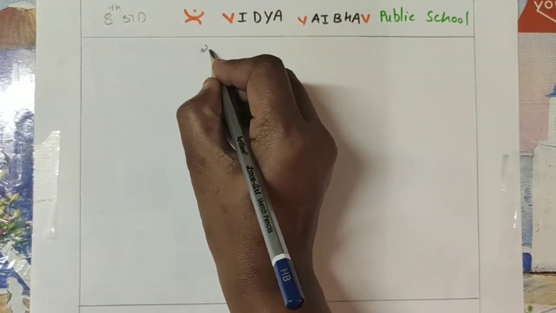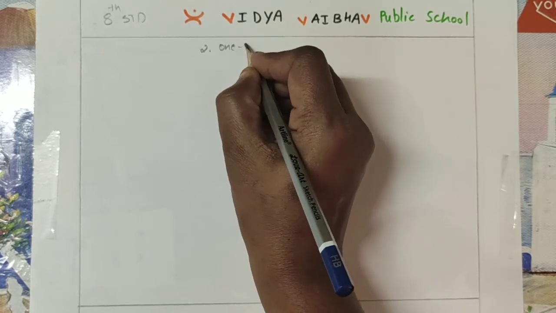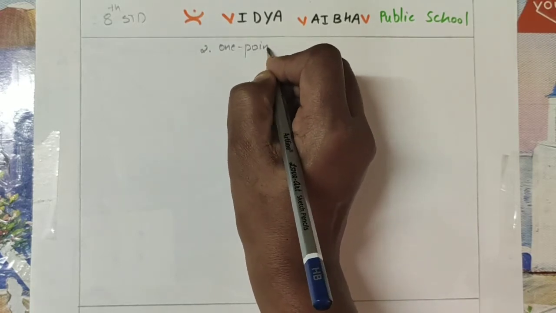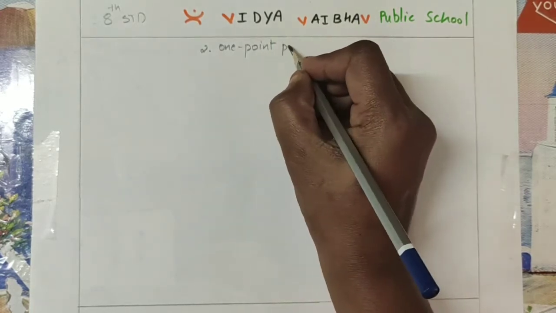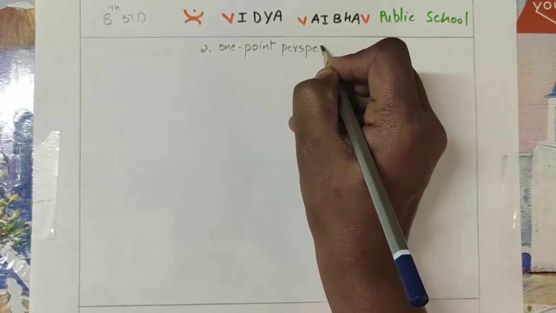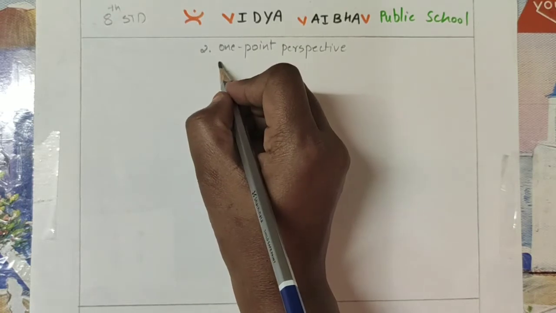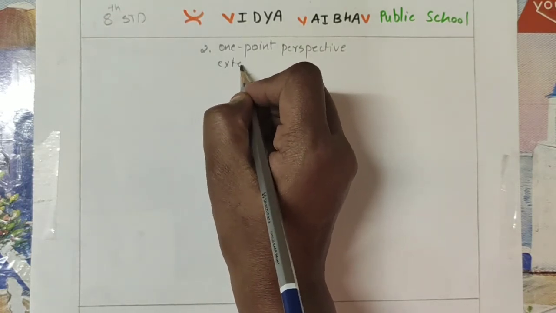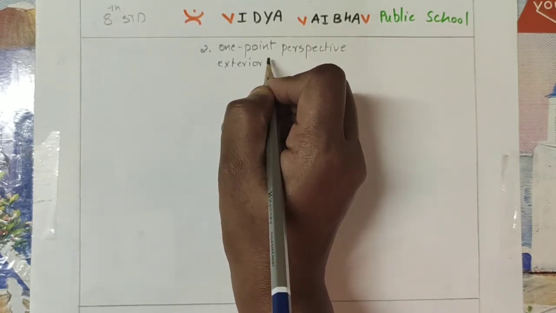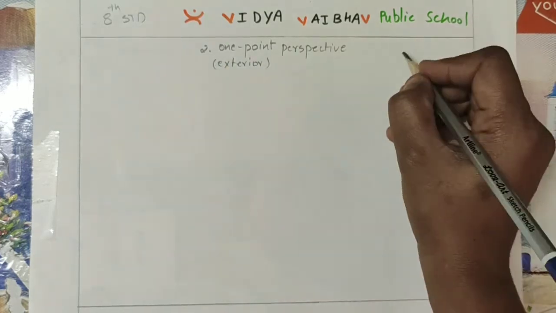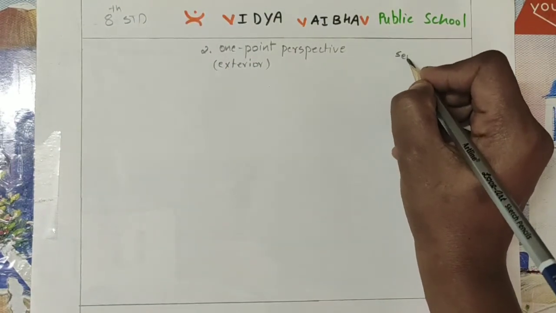The second topic, 1 point perspective. Exterior. This is for the month of September.